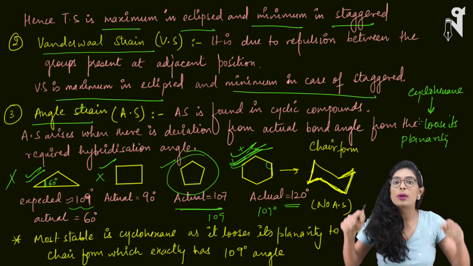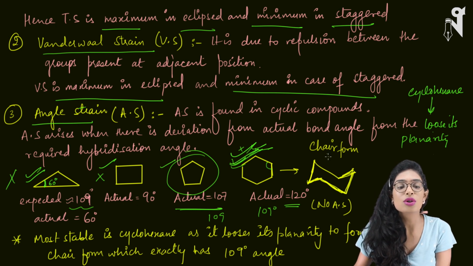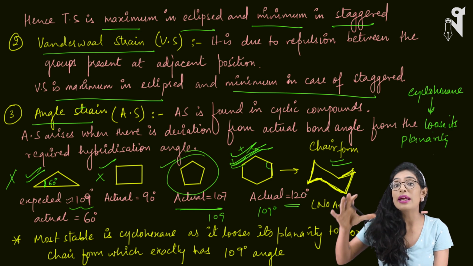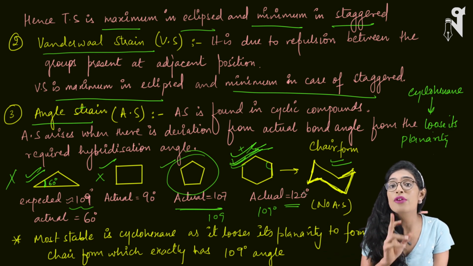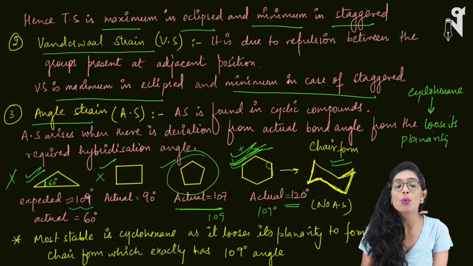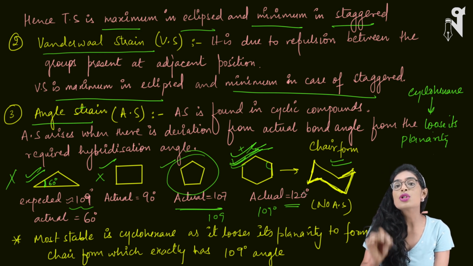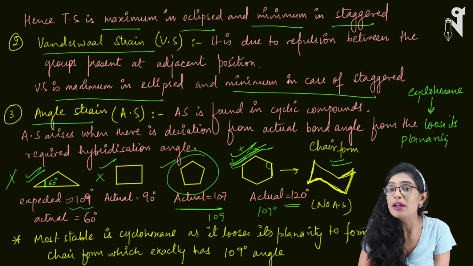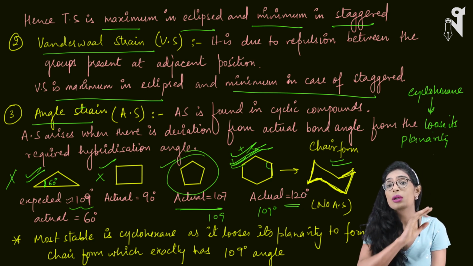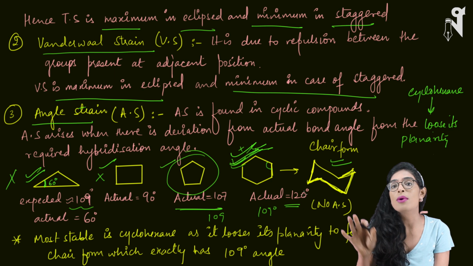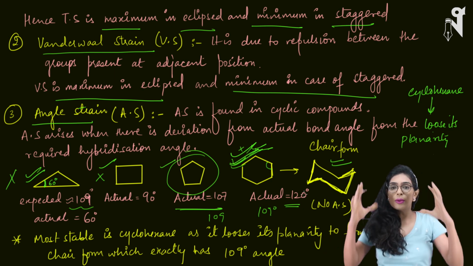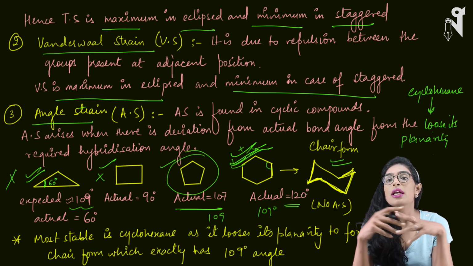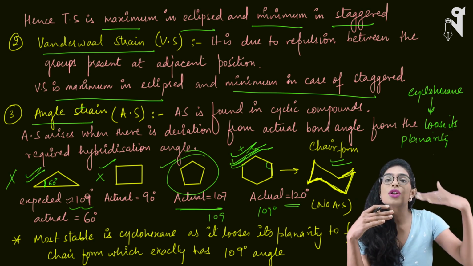Rather than looking like a flat hexagon, it actually forms a structure like a chair. It takes a shape like a chair, and in that chair form the angle is exactly 109 degrees, which is required for sp3 hybridization. Because of that, there is no angle strain at all in the chair form of cyclohexane. So cyclohexane should be like a flat hexagon, but it actually rearranges its shape in such a way that it loses the planarity and comes into the chair shape.